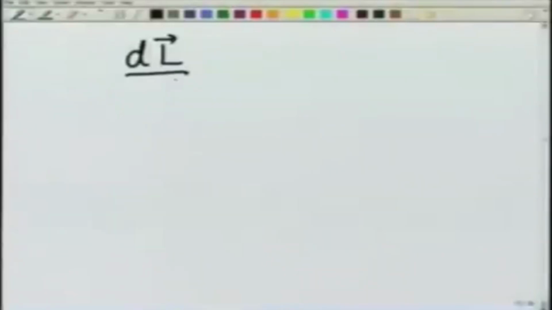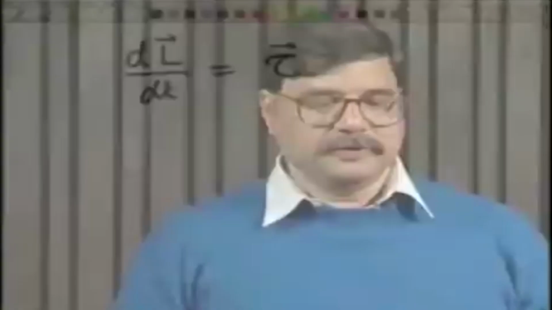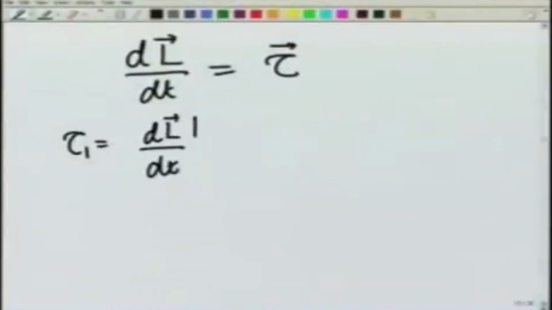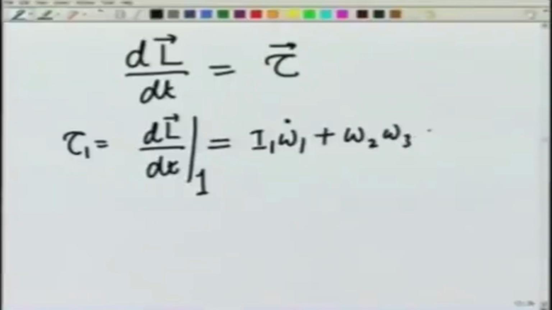These equations are nothing but writing dL over dt is equal to tau by taking components along the principal axes of the body. So, tau 1 should be dL over dt along principal axis 1, and that comes out to be I1 omega 1 dot plus omega 2 omega 3 I3 minus I2.